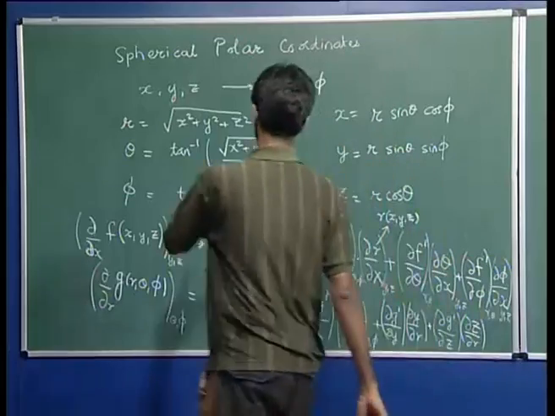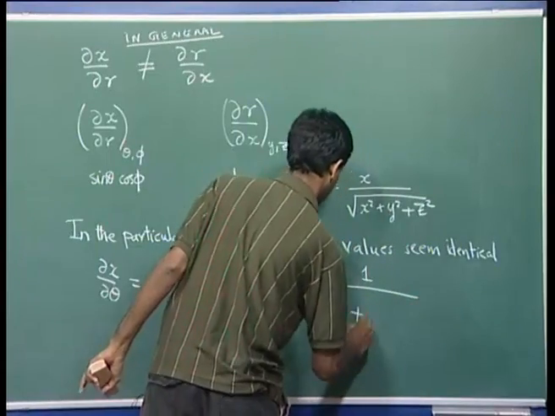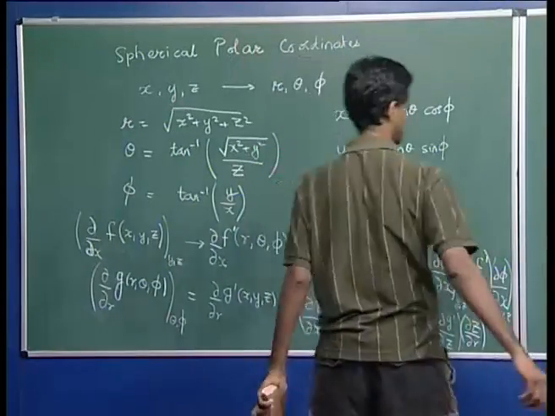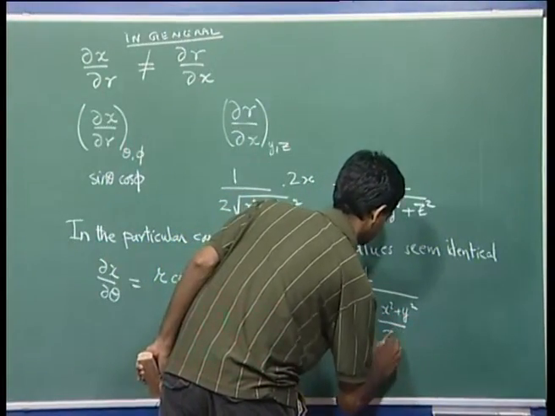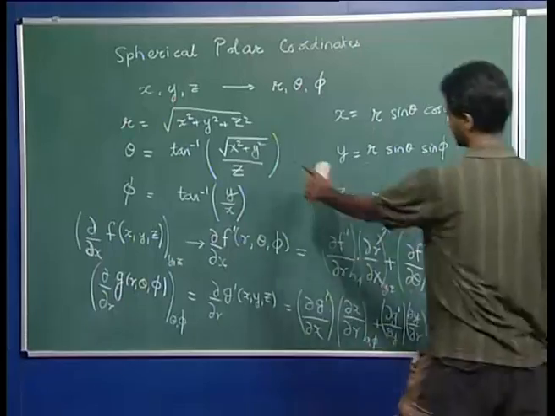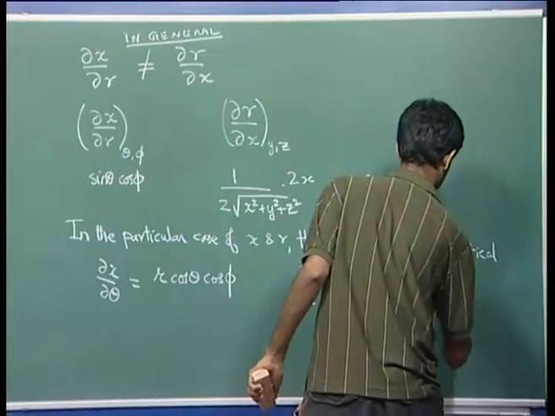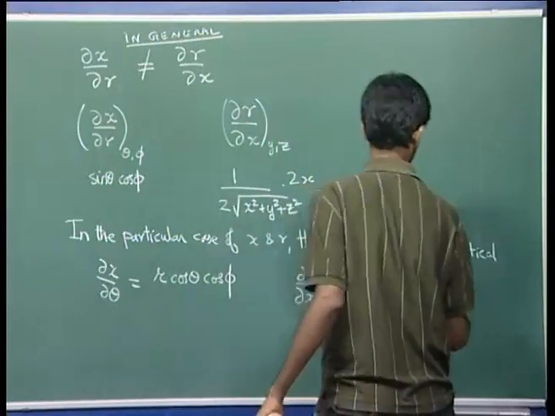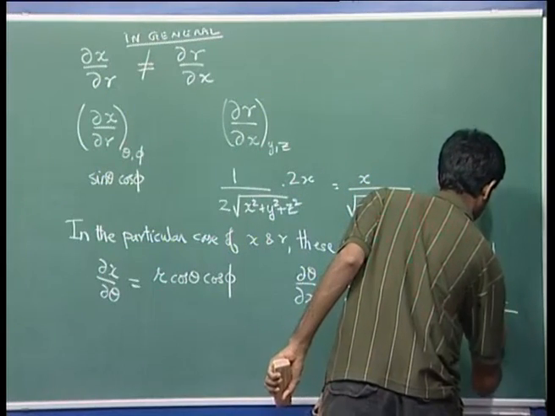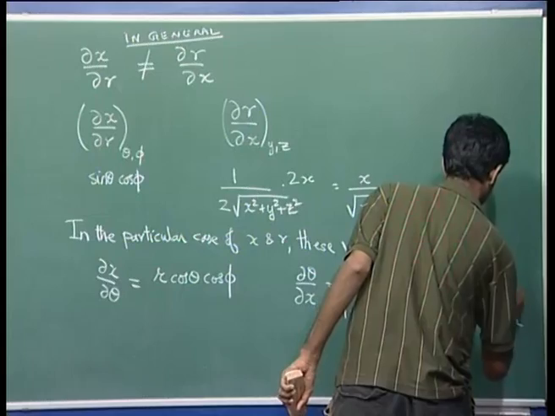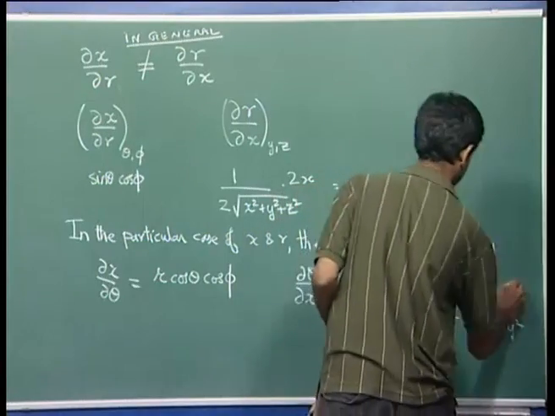so in this case you will get 1 over 1 plus, if you take the derivative of tan inverse, you will get 1 plus (x² + y²) divided by z², times the derivative of this argument, and the derivative of that argument is just 1 over z into 2 divided by the square root of x² + y², into half square root of x² + y² into 2x.